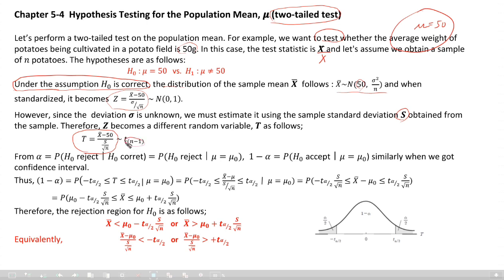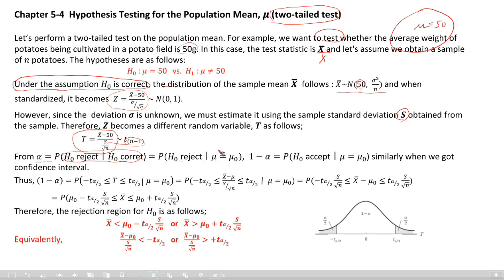What is the degrees of freedom over here? It is from the degrees of freedom of s. Now, what is alpha? H0 is correct, given H0 rejected. We say type 1 error, and the probability of type 1 error is alpha, right? So what is H0 correct?